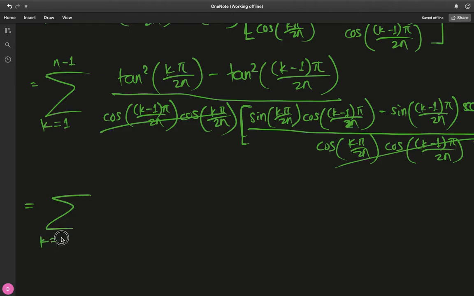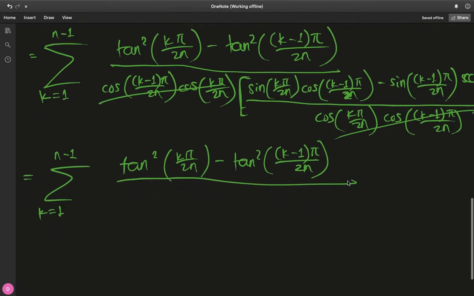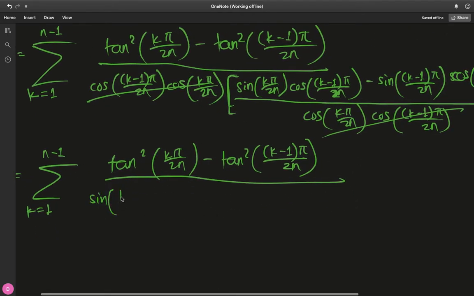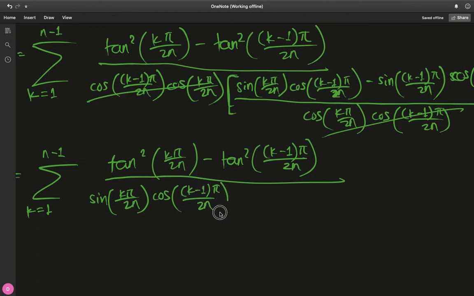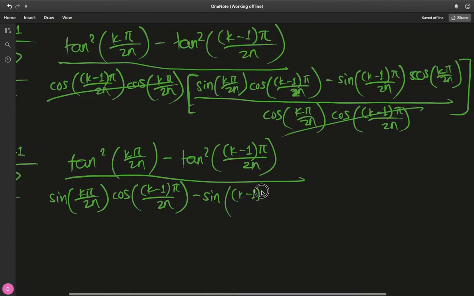the sum from k equals 1 to n minus 1 of tan squared of k pi over 2n minus tan squared of k minus 1 pi over 2n divided by sine of k pi over 2n times cosine of k minus 1 pi over 2n minus sine of k minus 1 pi over 2n times cosine of k pi over 2n.